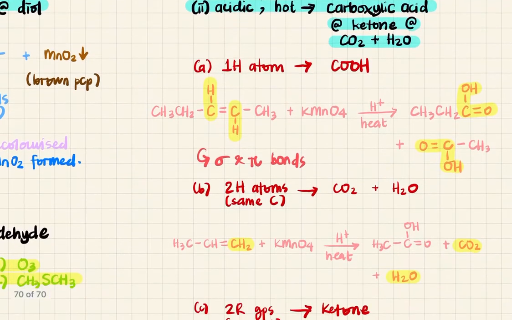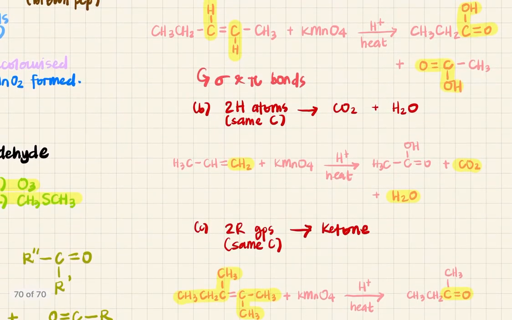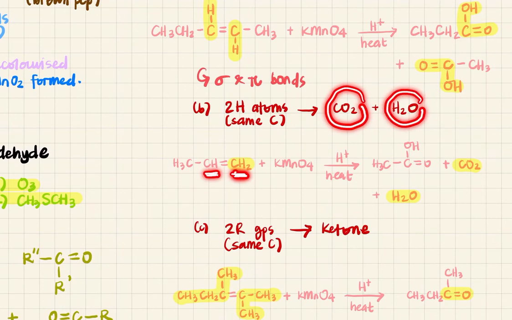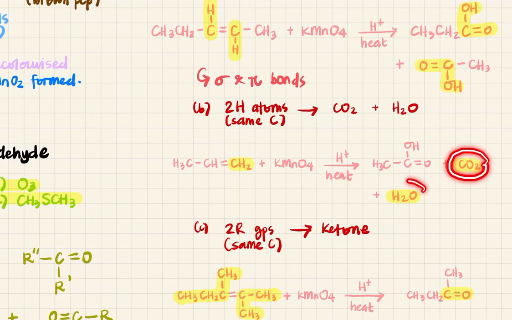Right, so if you have two hydrogen atoms macam ni ada satu. Yang ni ada dua hydrogen, so then this one you will form carbon dioxide and water. Okay, so since you have two hydrogen atoms attached to one carbon, then you will get carbon dioxide and water.